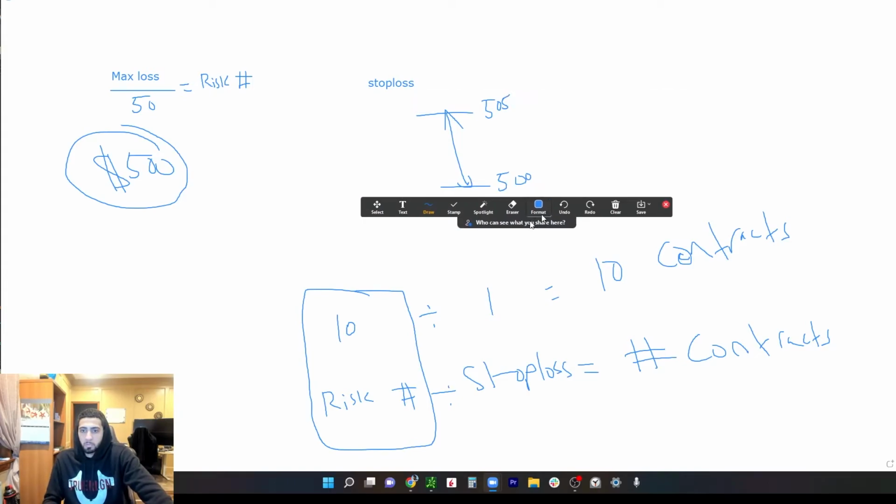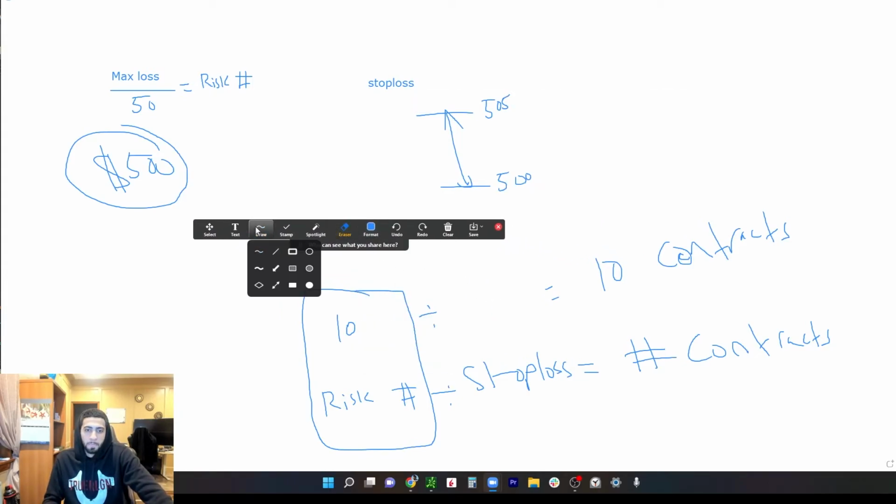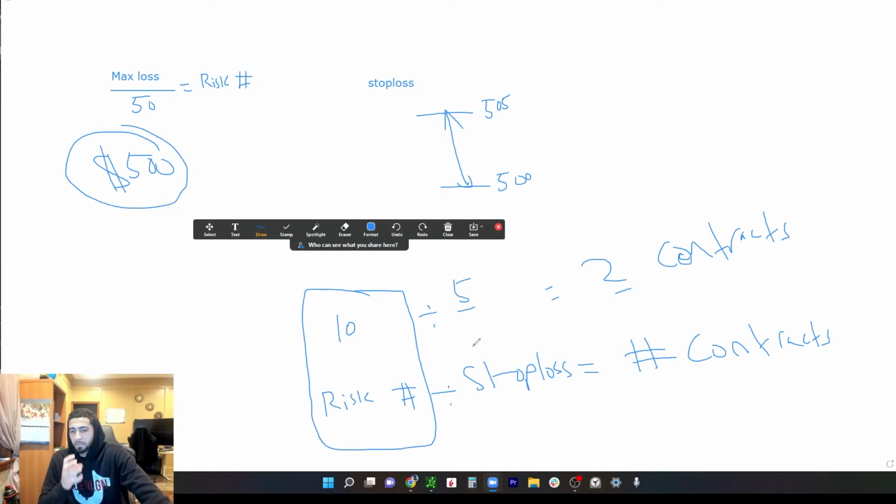So automatically what you can do is 10 divided by 5, and then what? How many contracts can I buy? 2. That's it. So all I was thinking about was my risk number, 10, and then the stop, which is $5 away, and then automatically just buy 2 contracts. So this formula is helping so much because I don't have to think about money anymore. I don't have to think about the monetary value of my account.